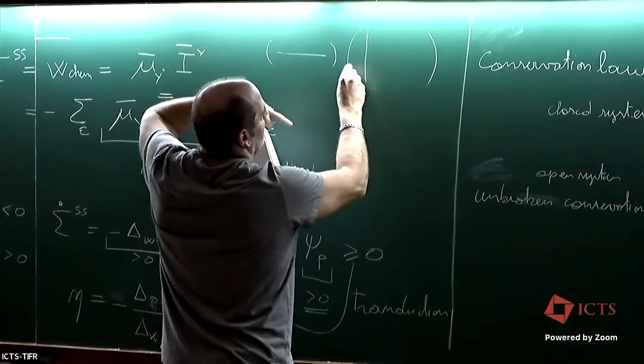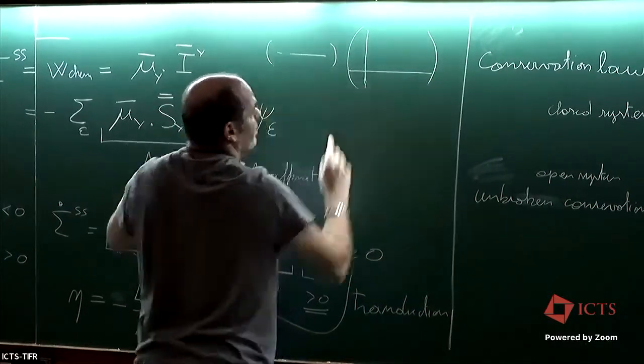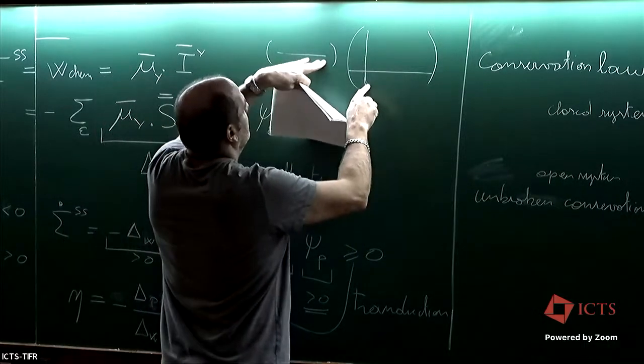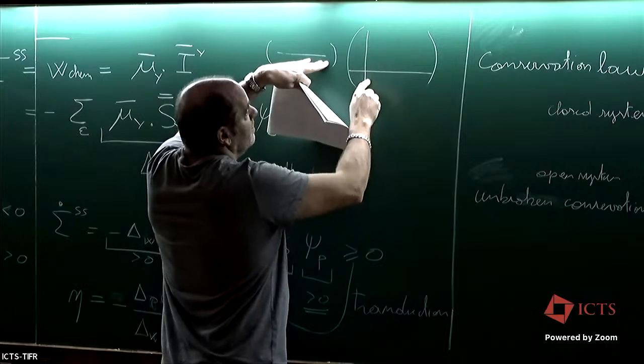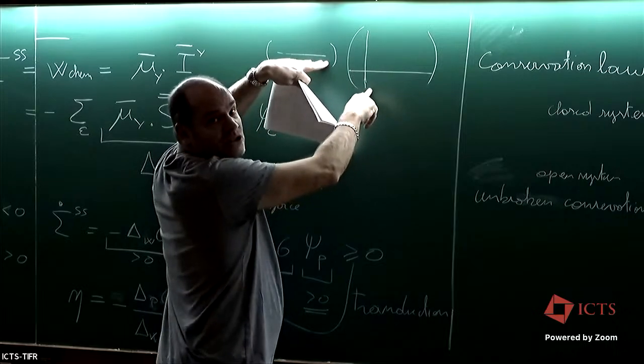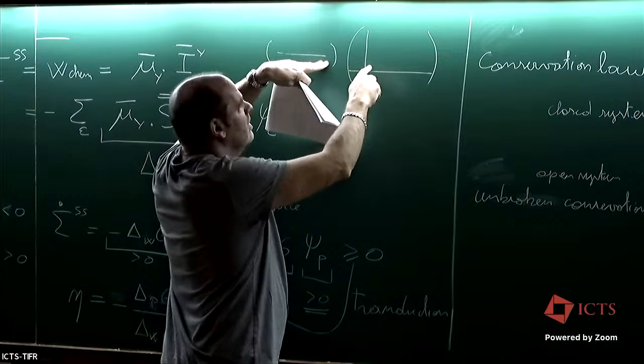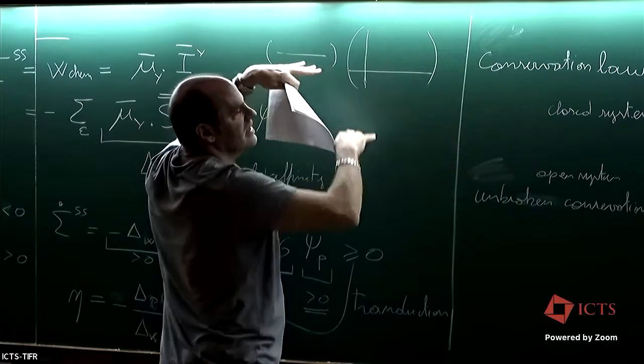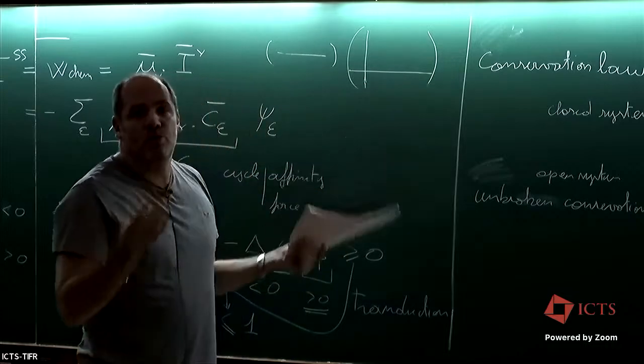Now, as you decrease the size of this matrix, this might not anymore be a conservation law of the reduced system. Those that still are, are the unbroken ones. Those that are not anymore, we will call the broken conservation laws.